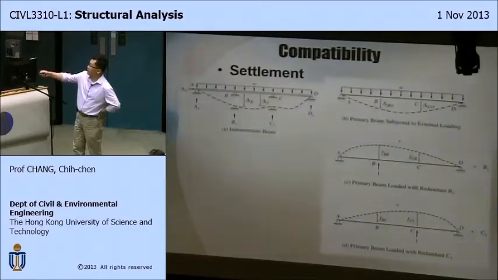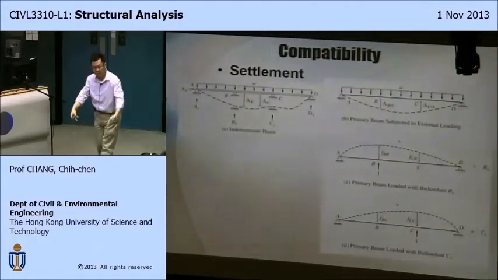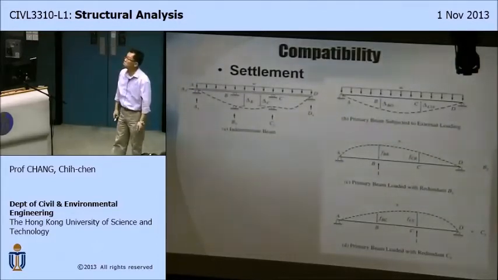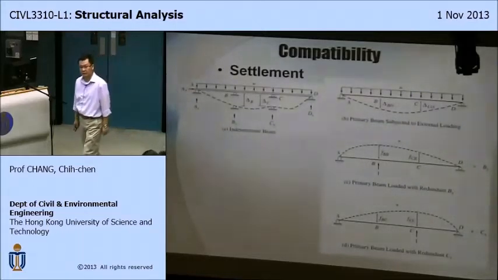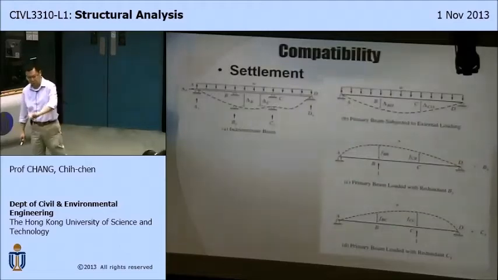So let's say I have structures like that. This is a 2-degree indeterminate structure. Under loading of W, distributed loads, and on top of that, B and C supports have settlements. They settled downward. So settlement itself will introduce forces into the structures.